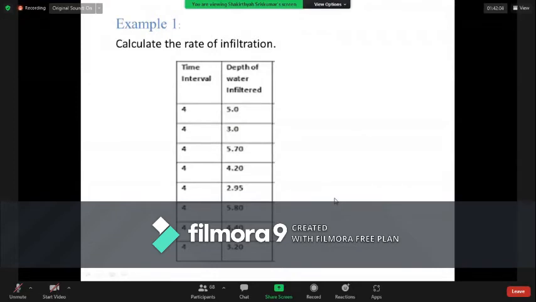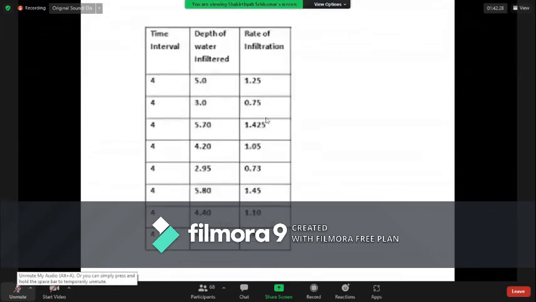So tell me, what is the rate of infiltration in the first 4 seconds? 1.25. Yes, 1.25. Likewise, for each time interval, you can measure the rate of infiltration.